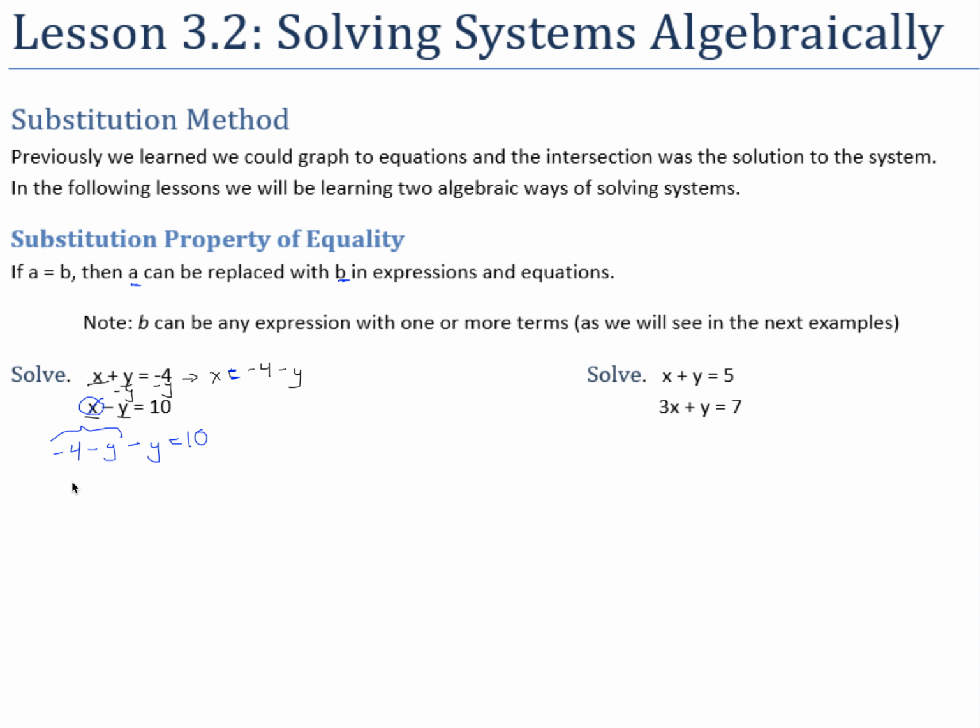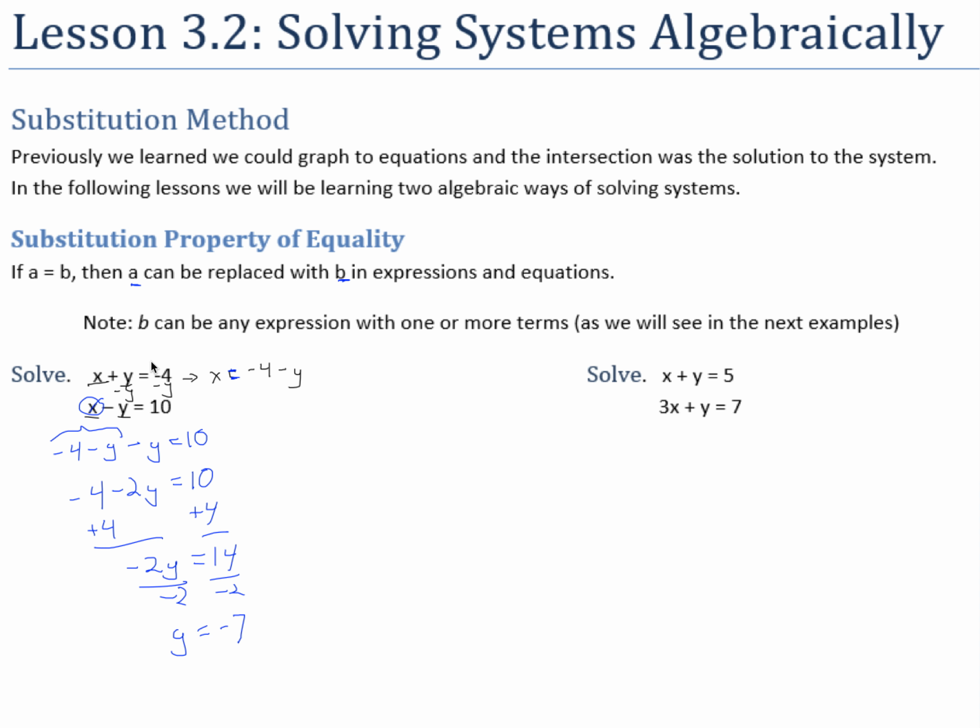And now we simplify over here. We get -4, -y minus y is -2y equals 10. We'll add 4 to both sides. And we get -2y equals 14. Dividing both sides by -2 gives us that y is -7.